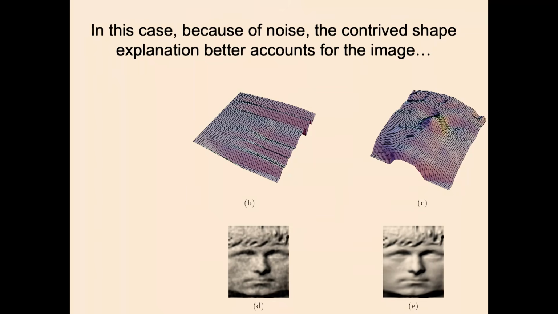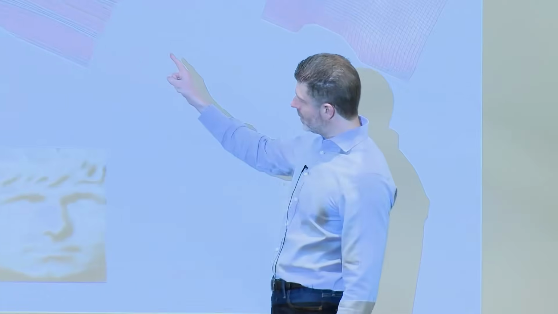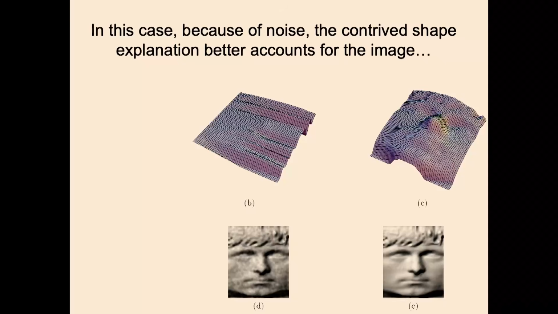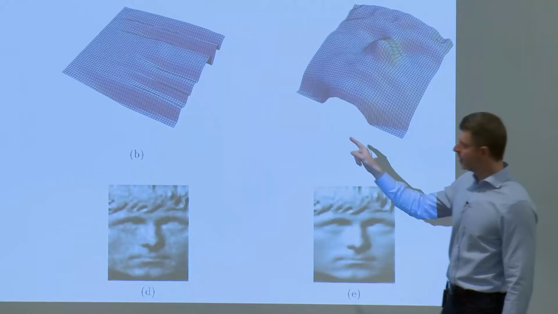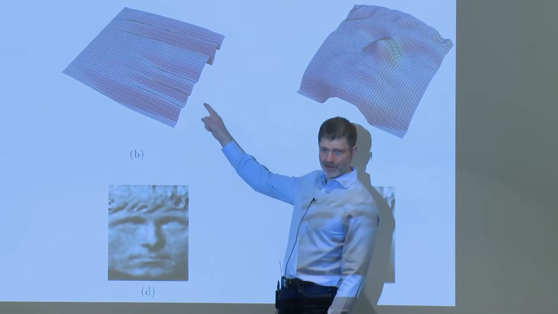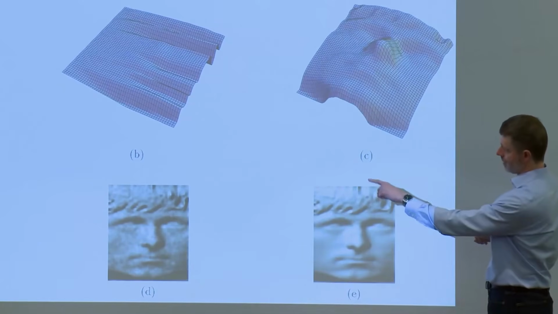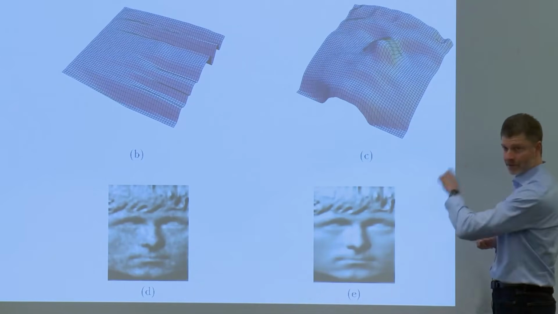Yeah, so first of all, I should say that in this particular case, the noise was added to actually cause this shape to better account for the image than this one. So given exactly the right illumination, the likelihood is actually higher for this than for this. And that's what this is supposed to show. These are the images that would be rendered by these two shapes.